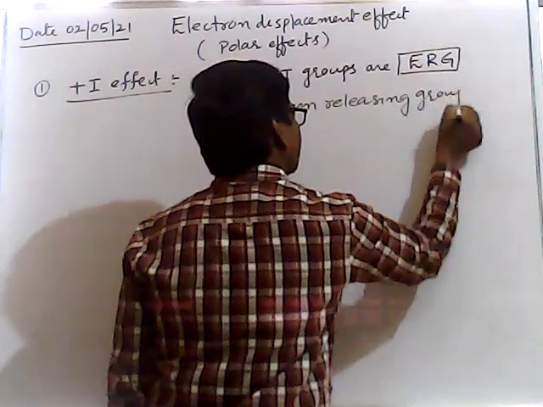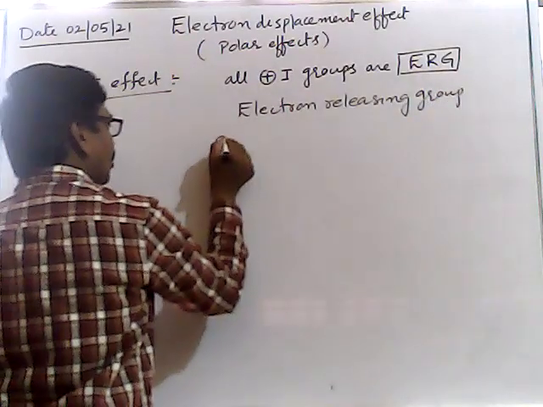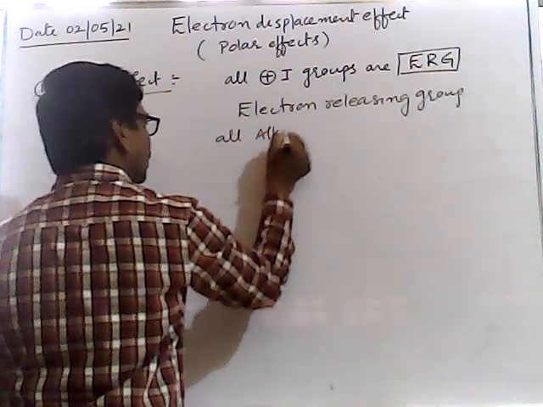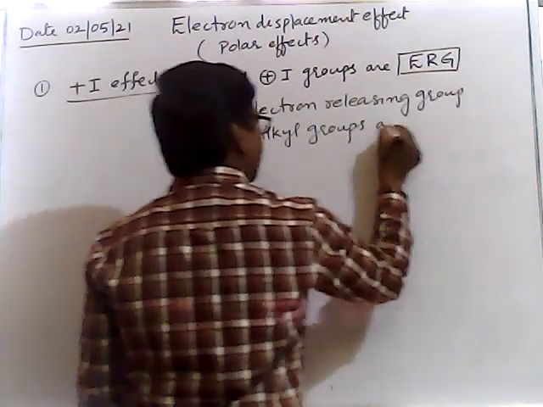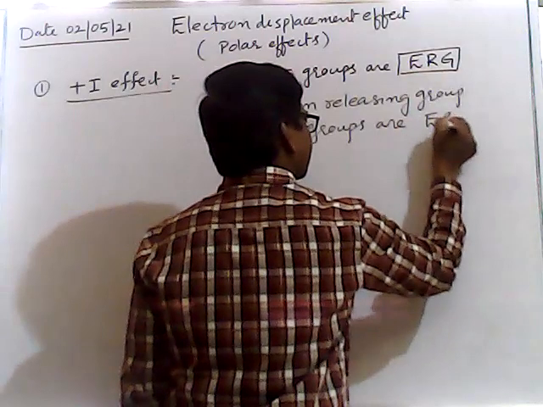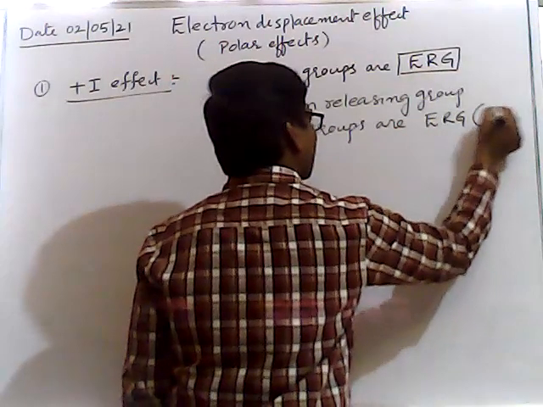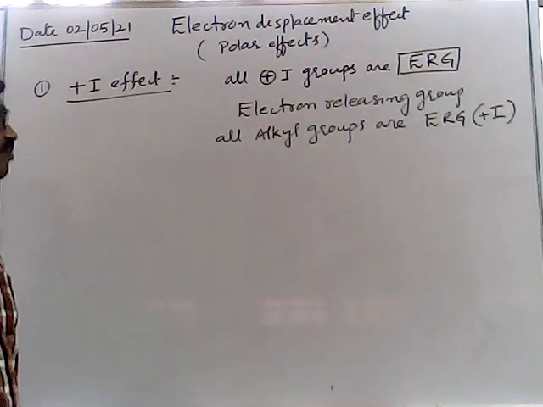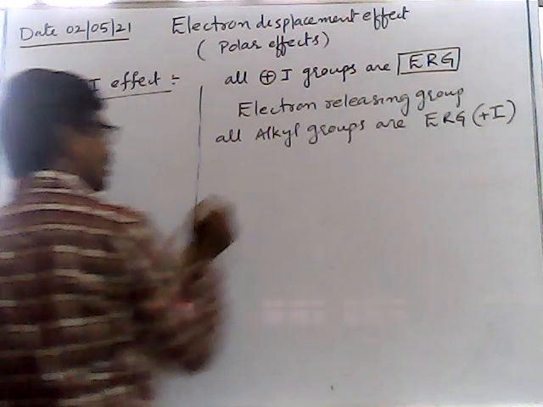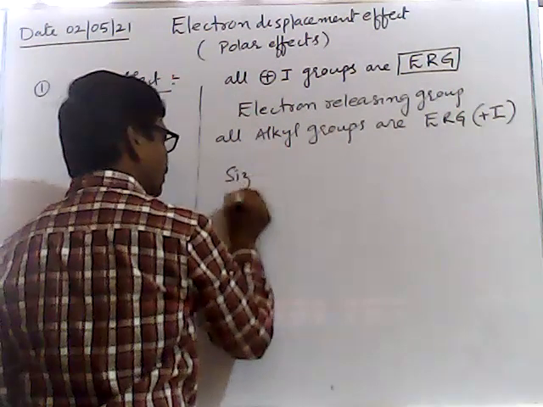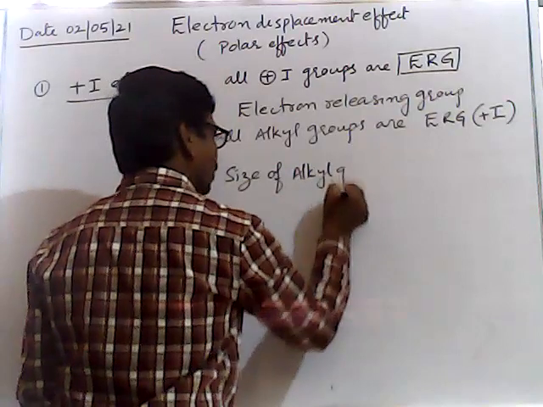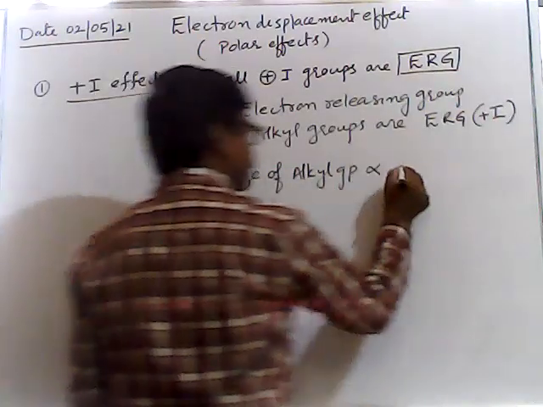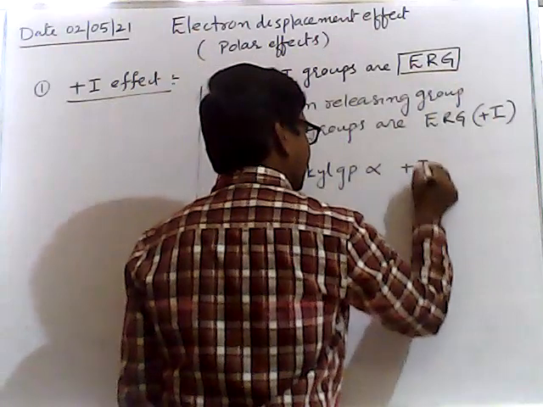Particularly all alkyl groups are ERG. Otherwise, all alkyl groups have plus I nature. And here, remember the size of the alkyl group. Size of the alkyl group is directly proportional to plus I nature.